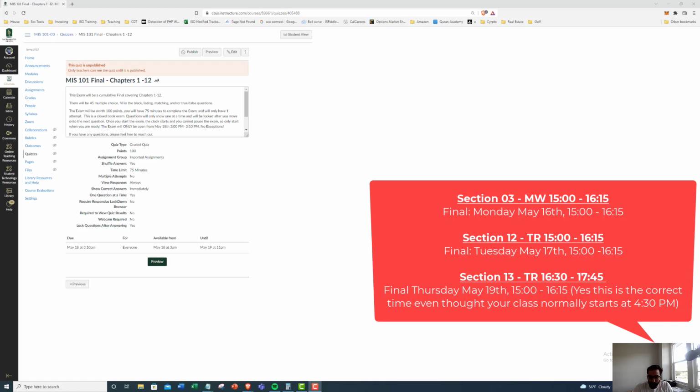Once the exam starts, you have 10 minutes to actually get into the exam, otherwise you will be locked out. And if you miss the exam, there's no makeup exam, because I'm turning in grades almost immediately afterwards. So make sure you're there.